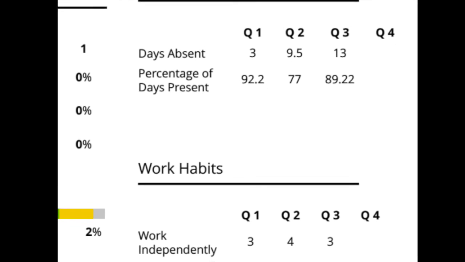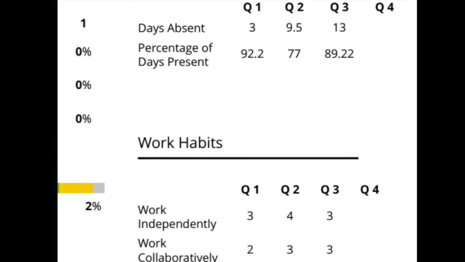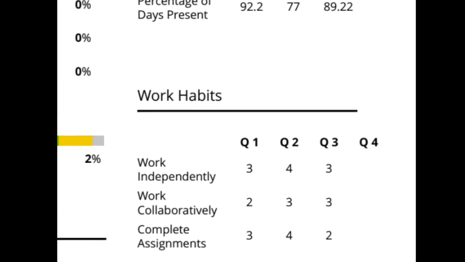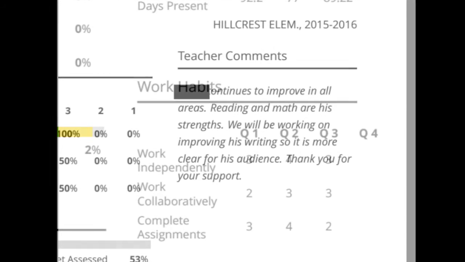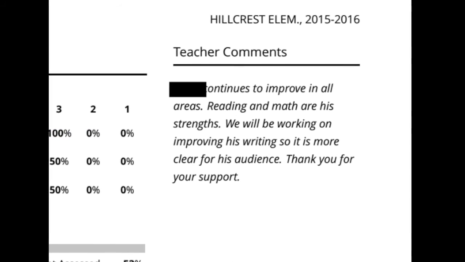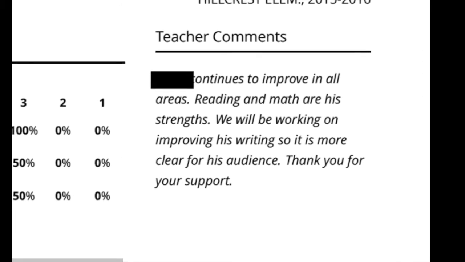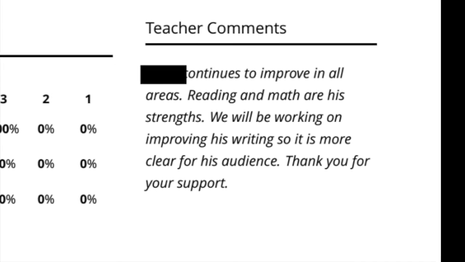And we also had our work habits listed out by quarter, the three non-academic factors that we grade on as teachers. Finally, we had our teacher comments, which showed up on the second page of the cover sheet and were limited to 150 characters.